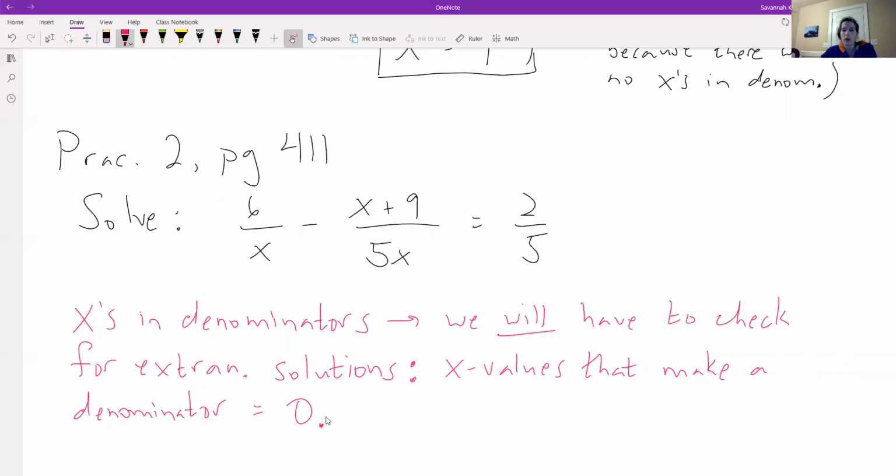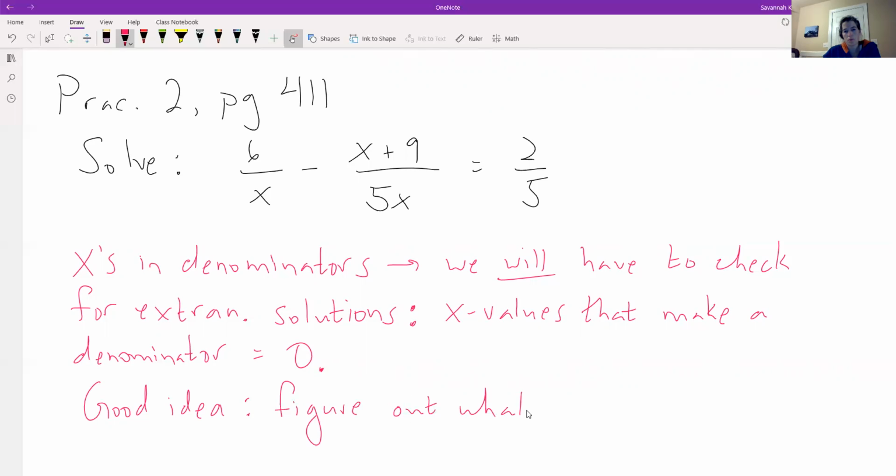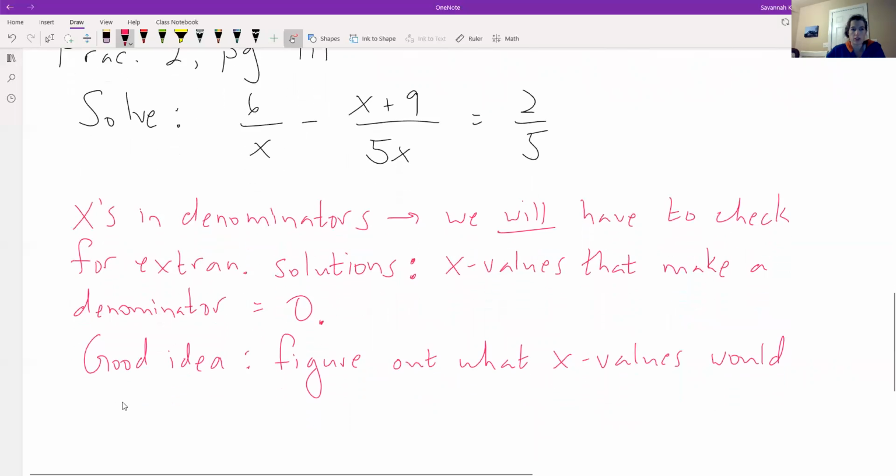Now, what I would advise, just to avoid getting enmeshed in the problem and forgetting all about extraneous solutions, is to set yourself up for success right from the beginning. So figure out what x values would be extraneous before you even get started.